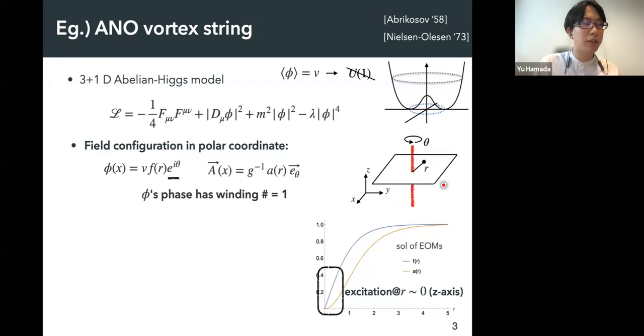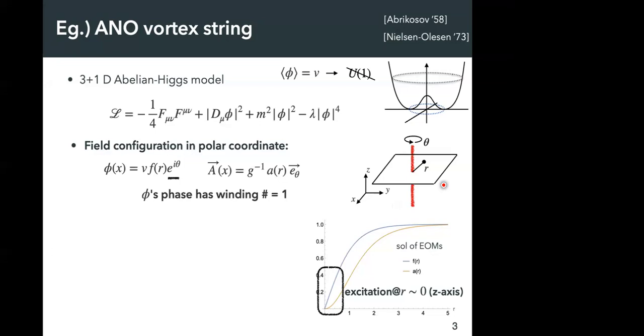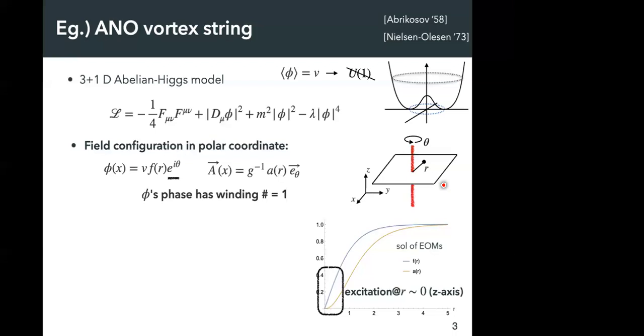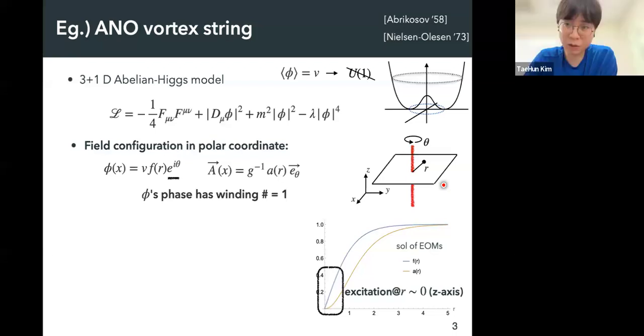So it doesn't depend on z and t. In that sense, what I'm wondering is that the left-hand side, the phi, can be dealt with as a kind of g value. I think this is something like a cylindrically symmetric configuration.